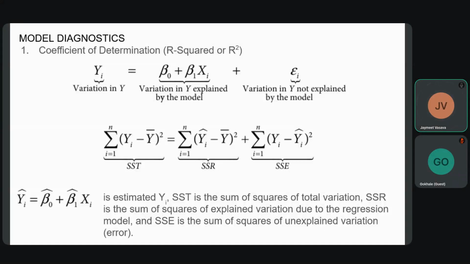And you can see the relation of them: summation from i equals 1 to n of y minus y bar whole square for SST, which equals the summation of y hat minus y bar whole square plus the summation from i equals 1 to n of y minus y hat whole square for SSE.